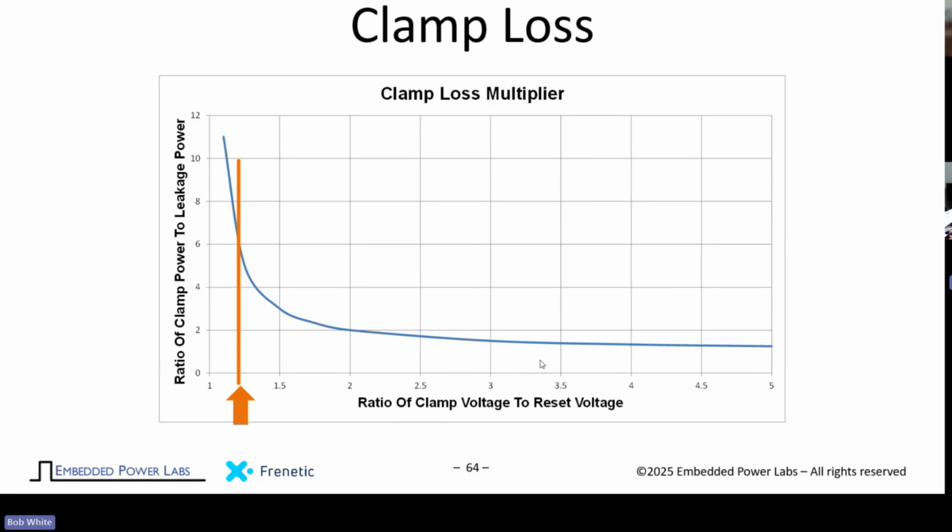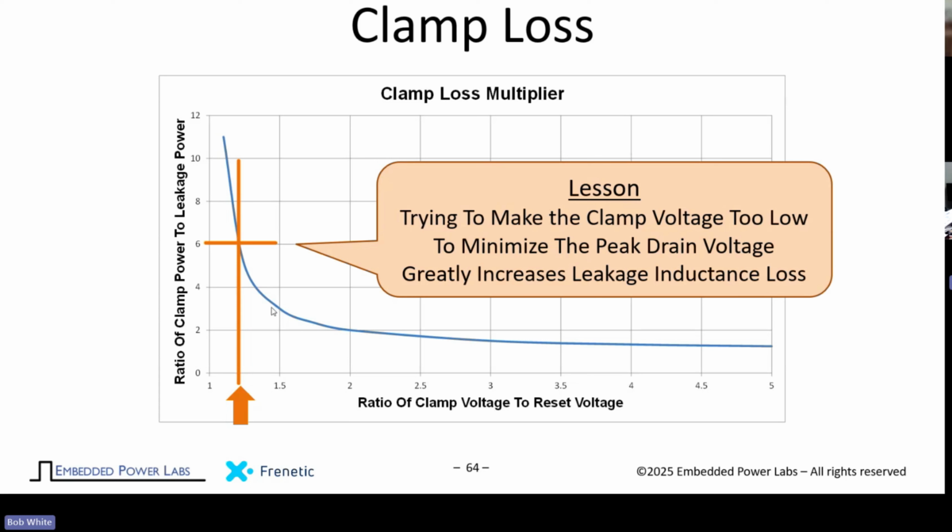And so if we try and choose a clamp voltage that's small, because we want a low voltage rating for our MOSFET, we end up multiplying that loss, that energy stored in the leakage inductance. The total clamp loss becomes many times that.